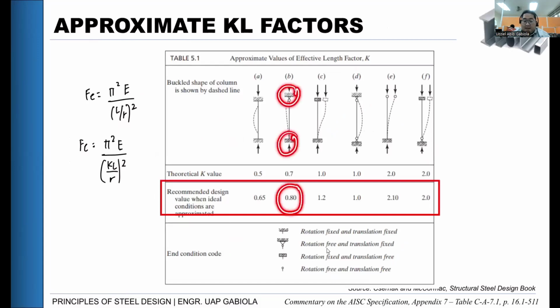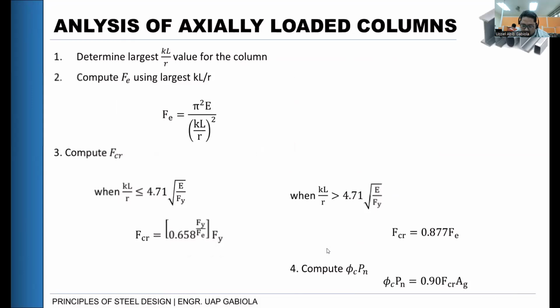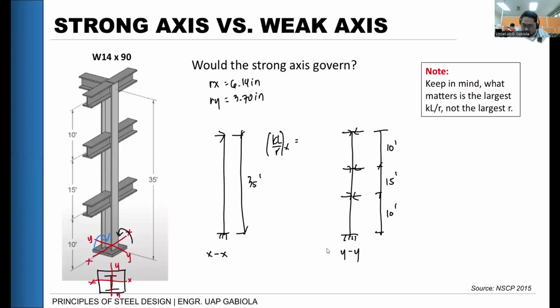So 0.8 yung gagamitin nating K value. Length natin is 35 times 12 over yung Rx natin na 6.14. So KL over R ng X will be 0.8 times 35 times 12 over 6.14. That is 54.72. Yan yung KL over R ng X.